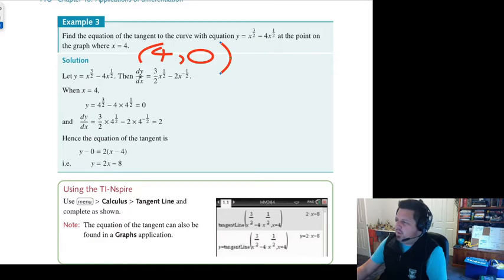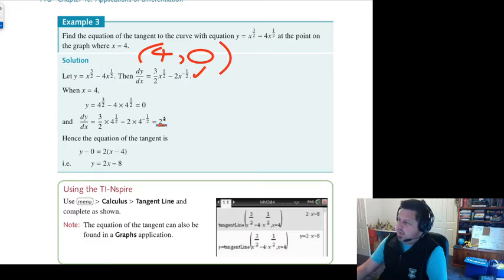Again, you need to find the derivative of this here. So the derivative in this particular case is calculated. To find out the gradient when x equals 4, you have to substitute in 4 into the derivative, and we get that the gradient is equal to 2 at that particular point.